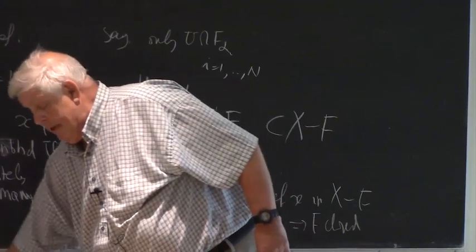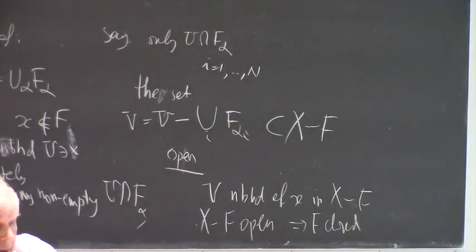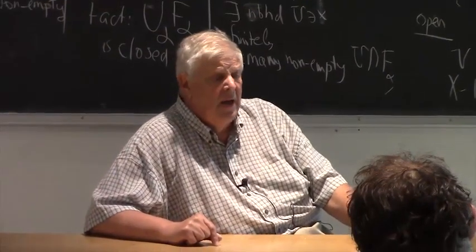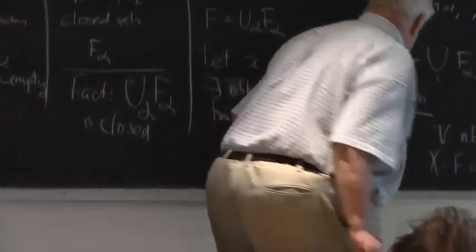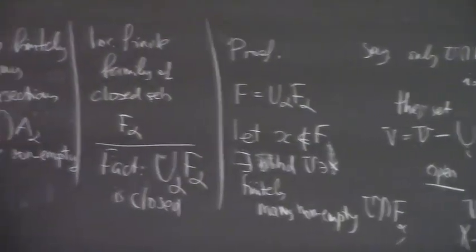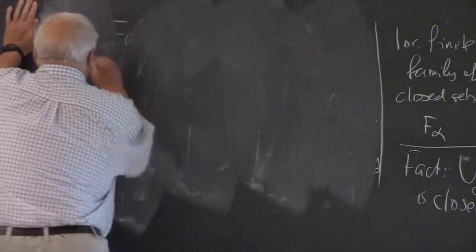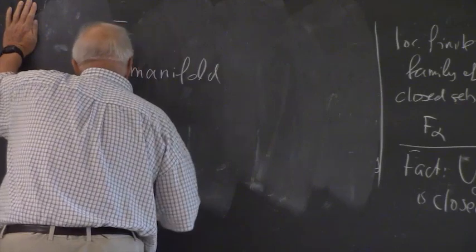This may be important, and it's possible to formulate some other things. Speaking of locally finite families of sets, we can speak of a locally finite family of functions. Suppose now X is a manifold, and we have a family of smooth functions F alpha.